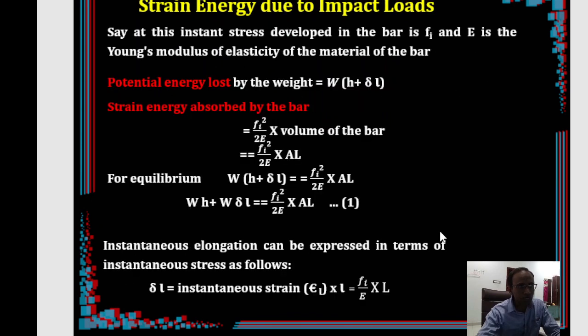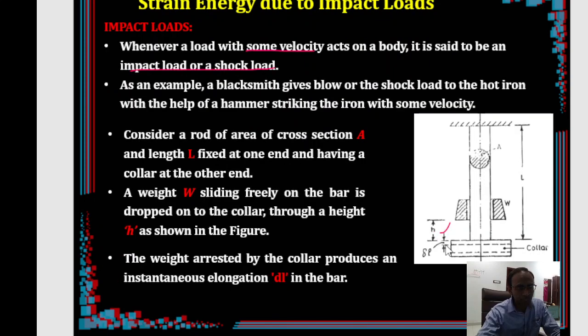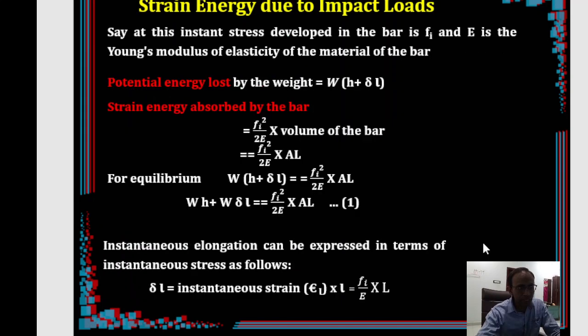Because there was deformation in the process after hitting the collar, that can be taken as delta L. Therefore, the potential energy lost was W times (h plus delta L), where h is the distance between the sliding weight and the collar, and delta L is nothing but the deformation undergone by the rod.